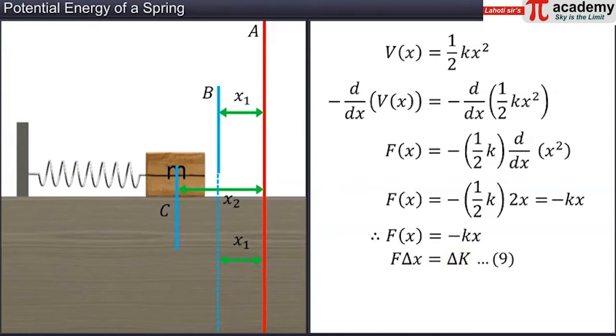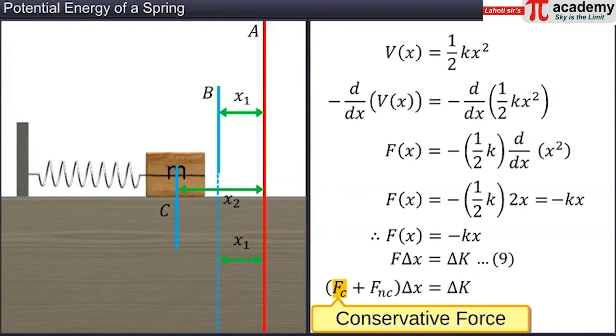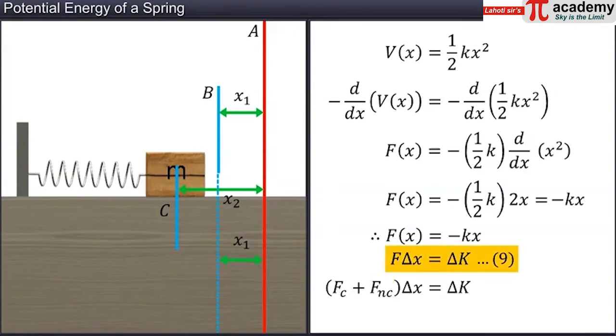Let this be equation 9. Now if the forces acting on the body include both a conservative force Fc and a non-conservative force Fnc, then equation 9 can be written as Fc plus Fnc times delta x is equal to delta K. Let this be equation 10.